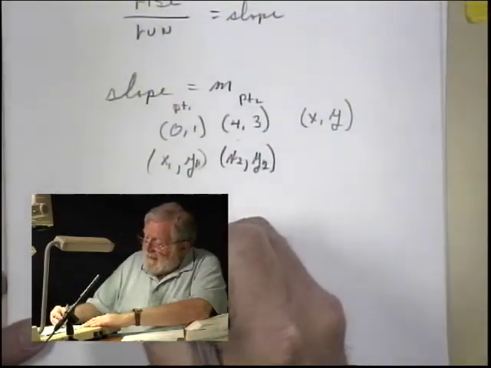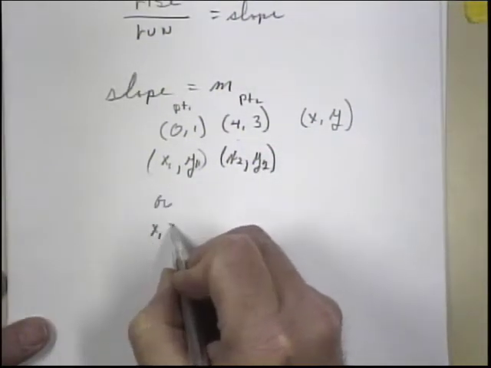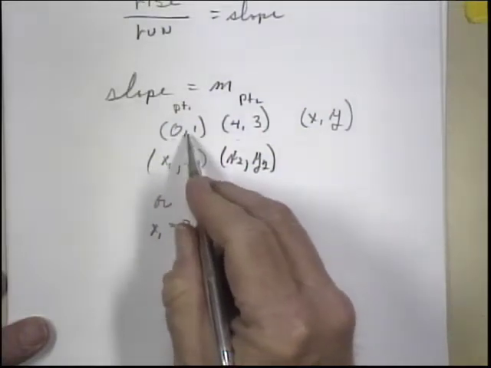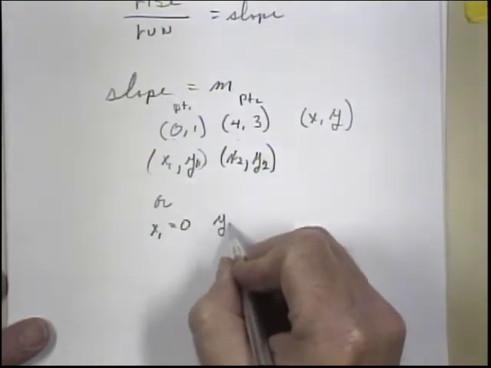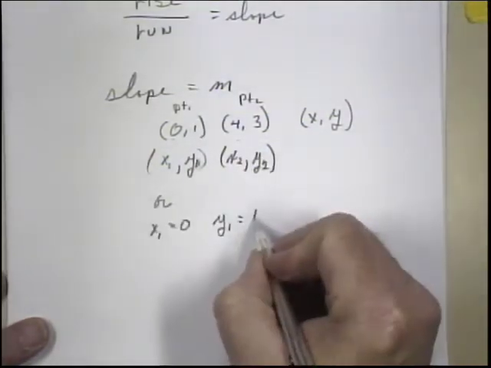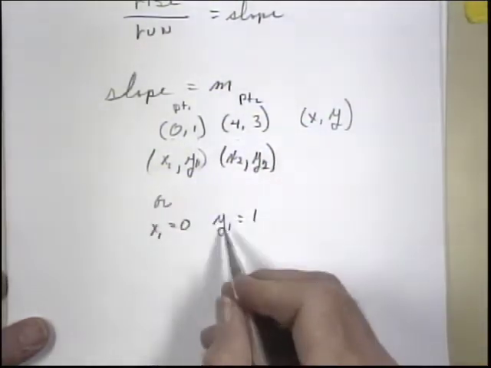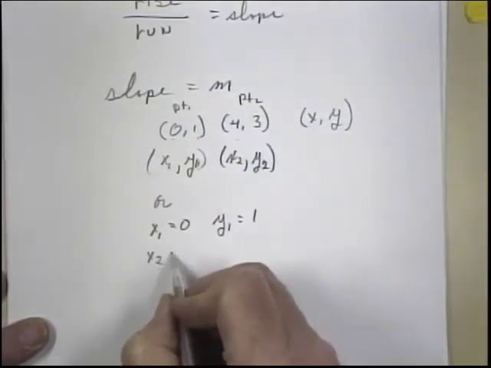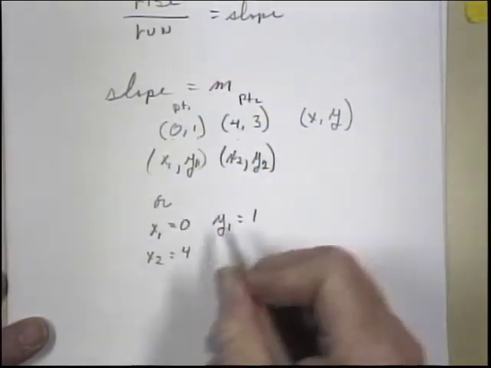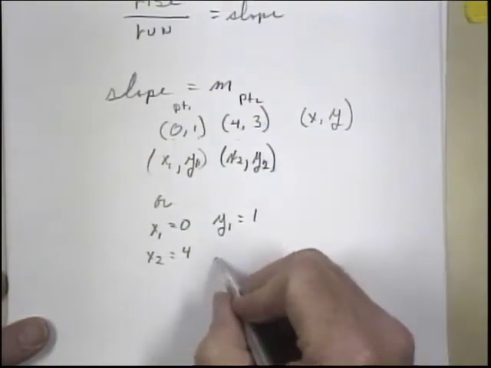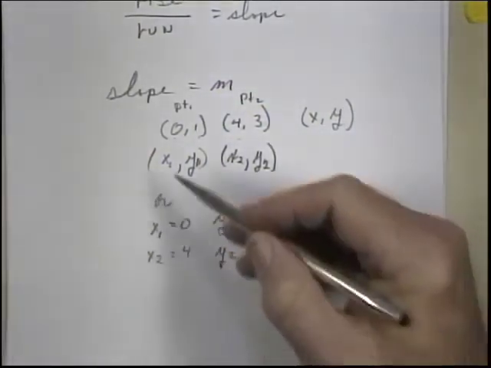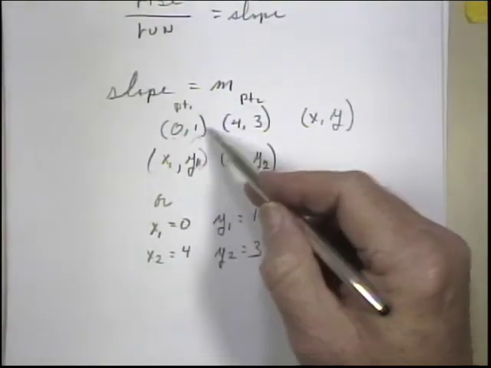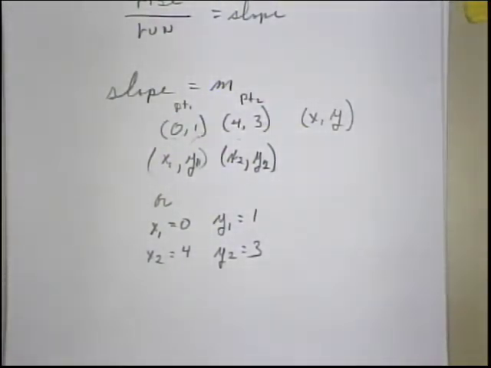Or we could say x sub 1 equals 0, y sub 1 equals 1, x sub 2 equals 4, and y sub 2 equals 3. We just pull them from the places they are on the points.